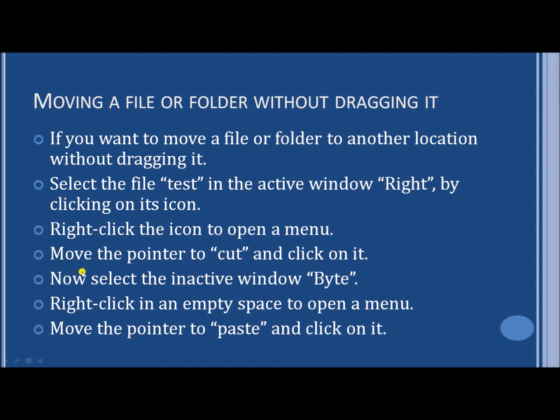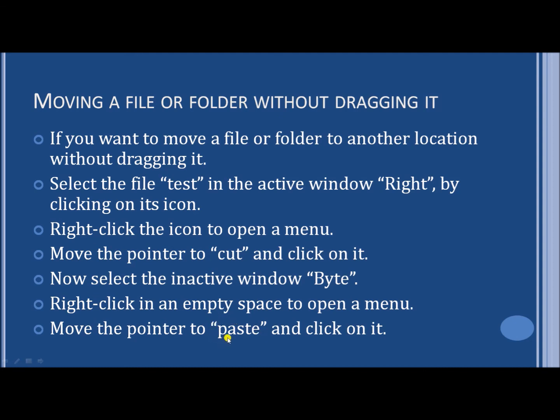When you click on cut, you move to the folder byte. Upon reaching inside that folder, you right click an empty space to open a menu, and the menu will show the option of paste. You have to click on the paste option.